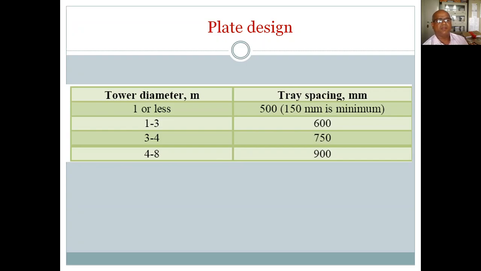Other things are mechanical, but you have to fabricate according to this.